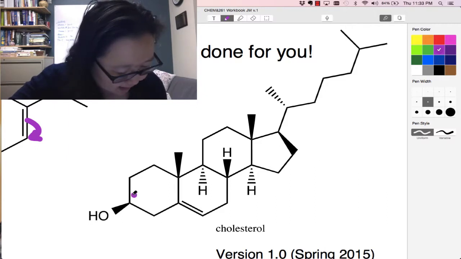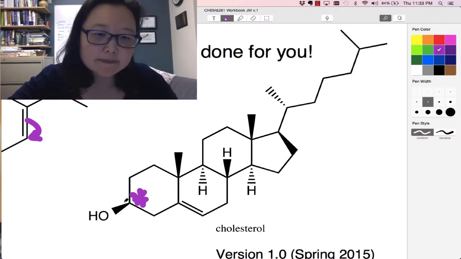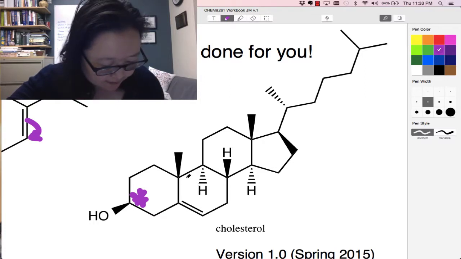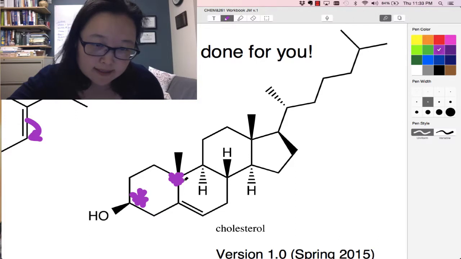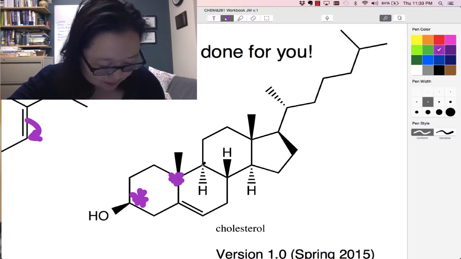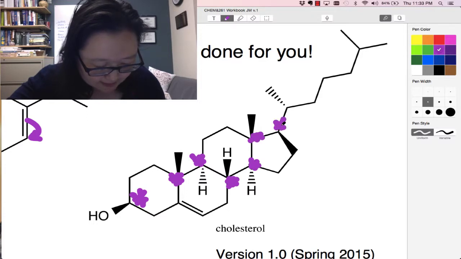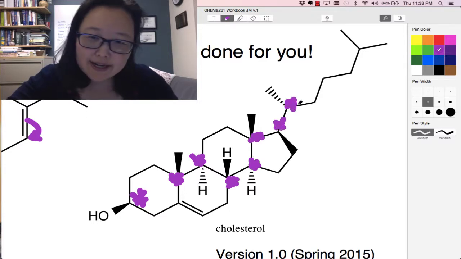So this is a chiral center right here at this carbon. This carbon is also considered chiral, and this carbon is sp2. Notice that the wedges and dashes are often places where there's chirality, like here, here, here, here. But just be careful because it doesn't always lead you to the right answer.